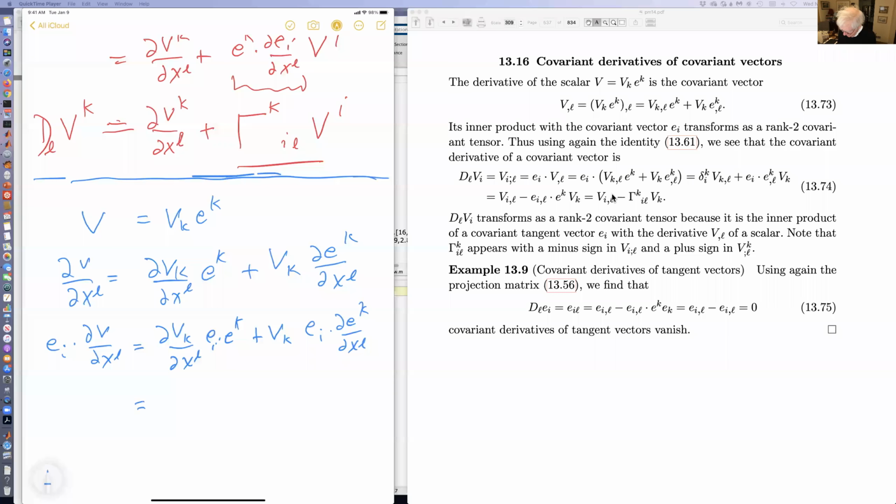So this is partial VI, partial XL, plus VK, EI dot partial EK, partial XL.